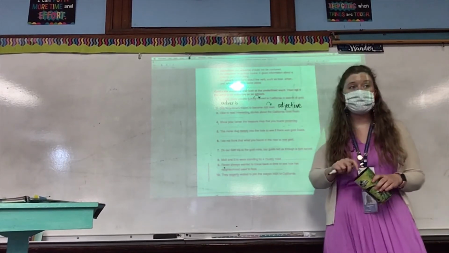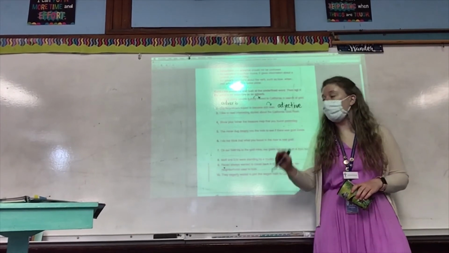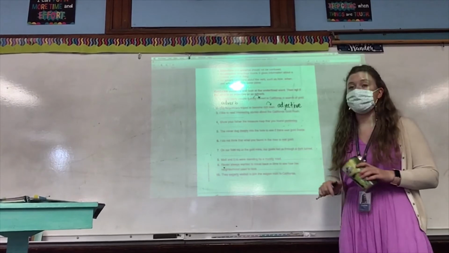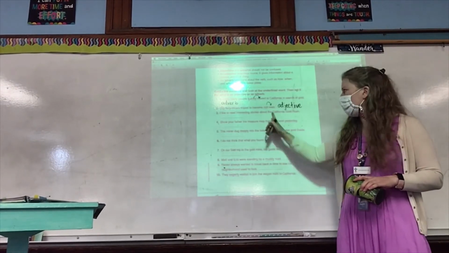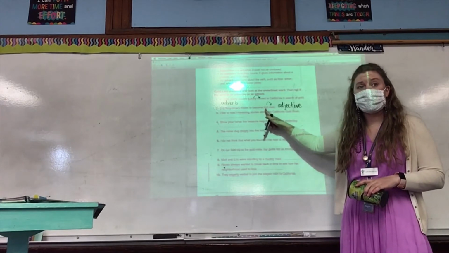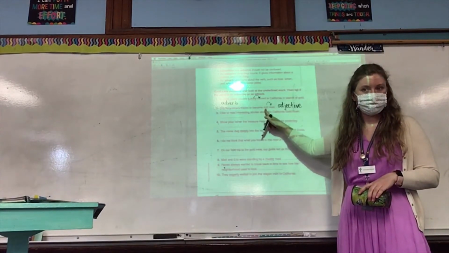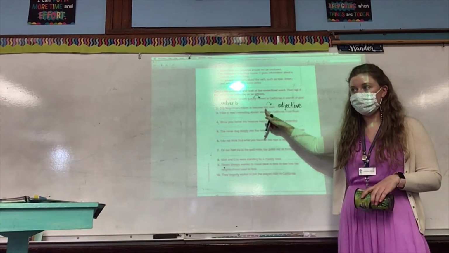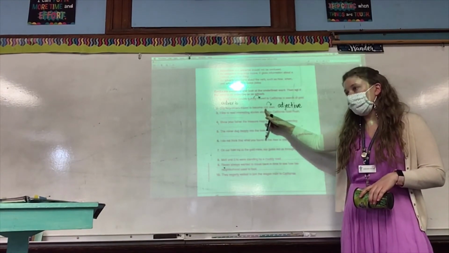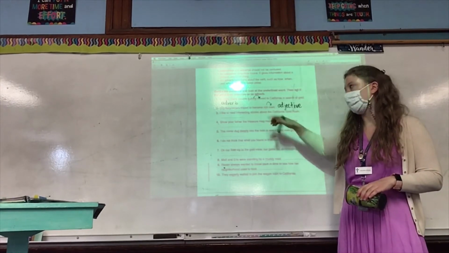You can't do something rich. So it doesn't describe a verb, it describes a noun. How could we turn rich into an adverb, saying that somebody did something in a rich way? Okay, let's just move on.